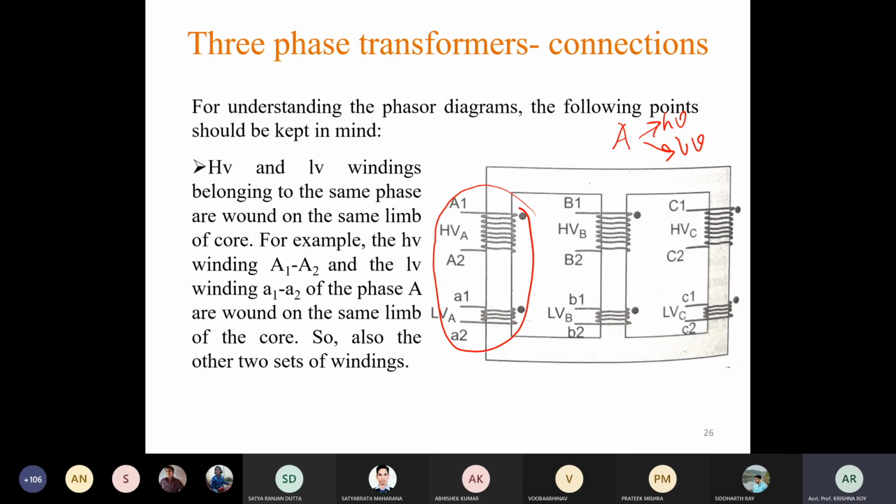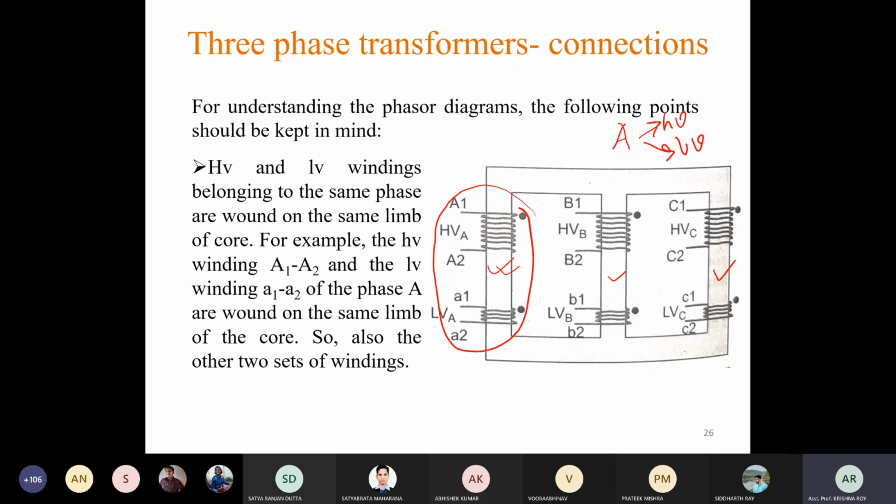So the A phase high voltage winding and A phase low voltage winding must be placed on the same limb. That is what this diagram is showing. So this leg is for A phase windings, both high voltage and low voltage. This leg is for B phase windings, both high voltage as well as low voltage, and this leg is for C phase windings, both high voltage and low voltage winding.